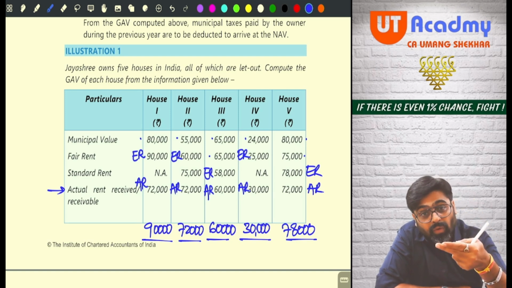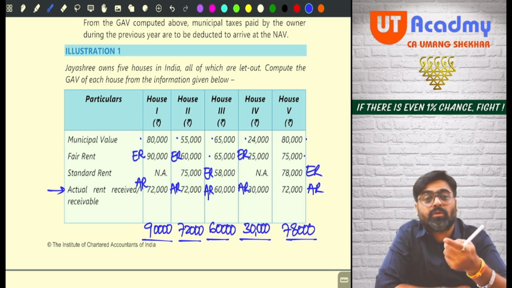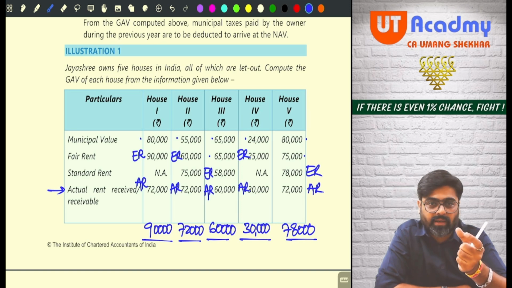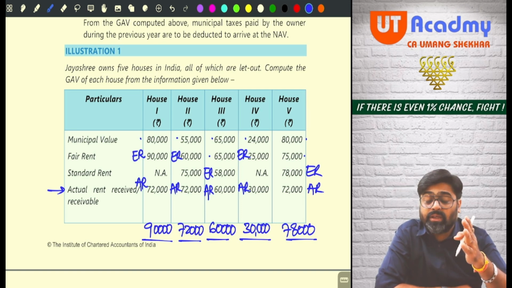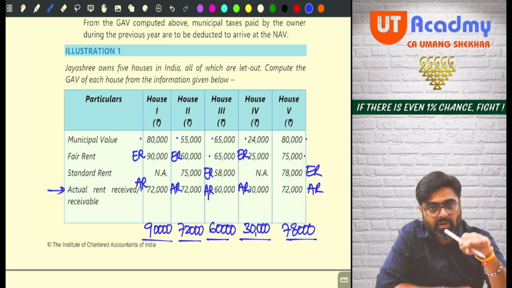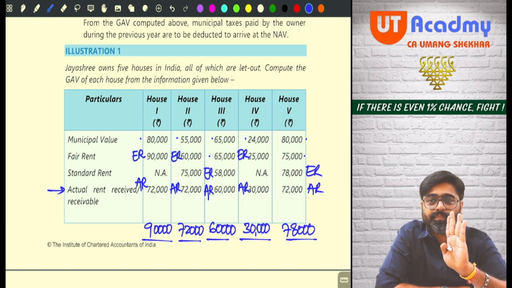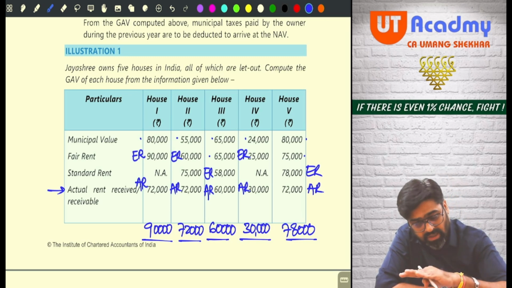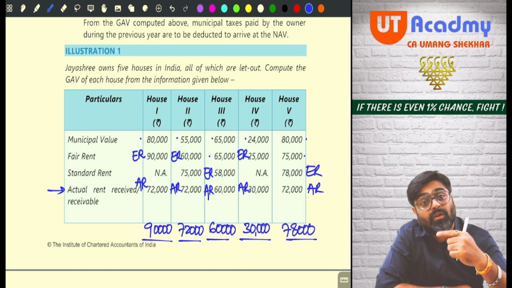No. Now vacancy period rent also you are supposed to calculate, and you are supposed to add AR plus VR. If vacancy is there and still actual rent is higher or equal, then we'll take actual rent. And if vacancy is there and actual rent is still lower than expected rent, then we'll add vacancy rent also.